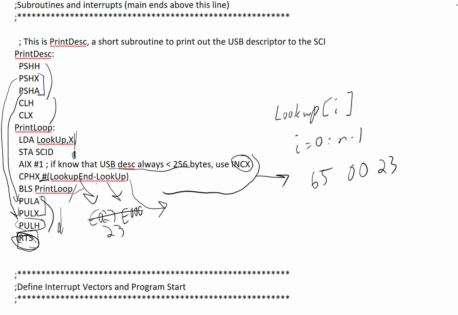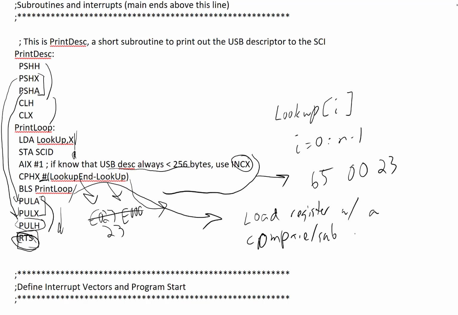But this here is a branch if lower or same. So again, all of the branch statements are intended so that you'd load the register with A, then compare or subtract B, and then the branch statements are all written with the idea of A blank B. So in this case, because I say branch lower or the same, that's saying if A is less than or equal to B, then branch.